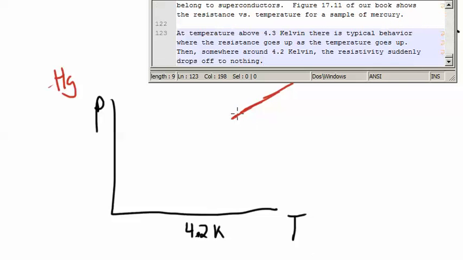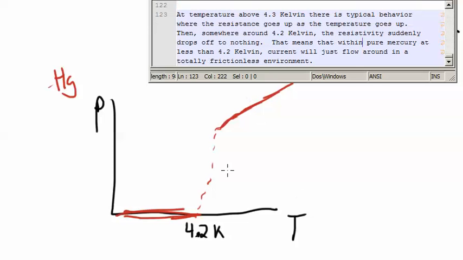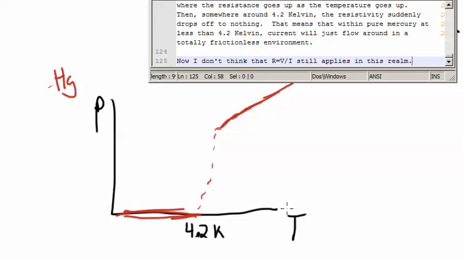Then, suddenly, somewhere around 4.2 Kelvin, the resistivity drops off to nothing. That means that within pure mercury at less than 4.2 Kelvin, current will just flow around in a totally frictionless environment.